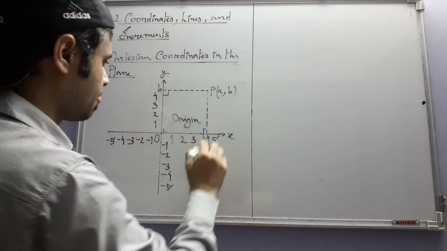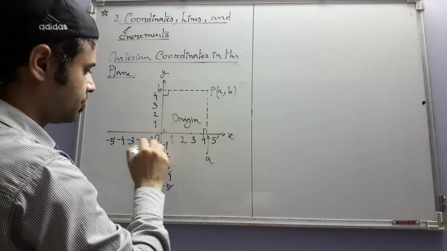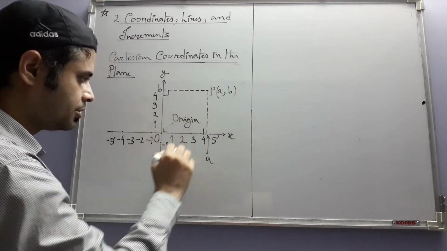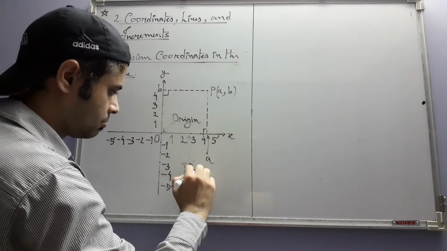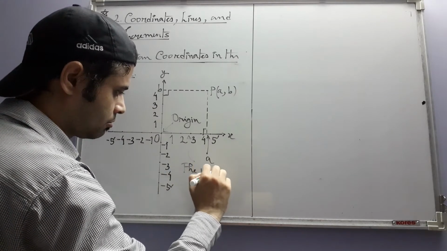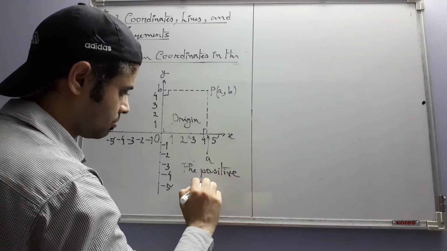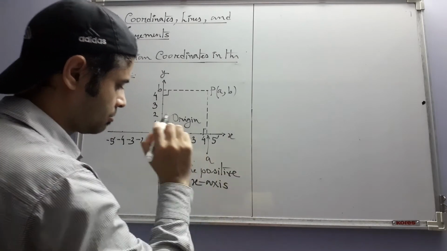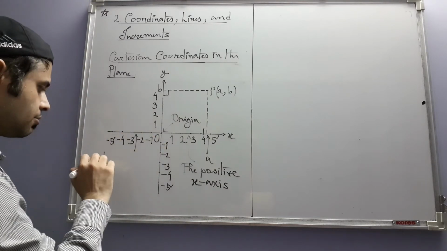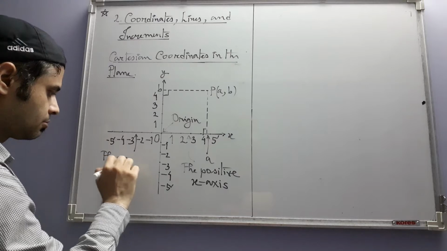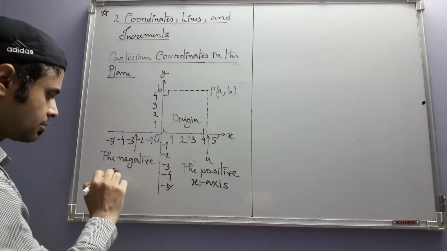The part of the x-axis that lies to the right of the origin is known as the positive x-axis, and the part that lies to the left of the origin is known as the negative x-axis.